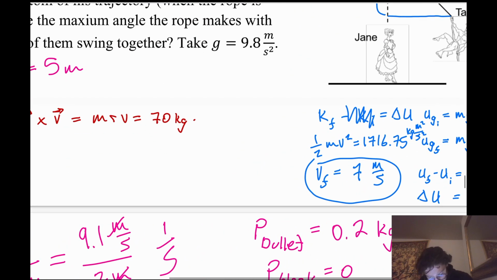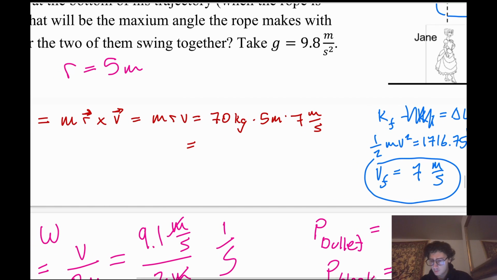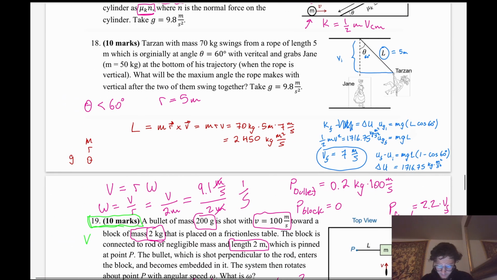I keep forgetting, 5 meters, times 7 meters per second. So his angular momentum, oh my God. Hopefully this works, man. I don't even know if there's a way to check. 2450 kg meters squared per second. I think that makes sense.